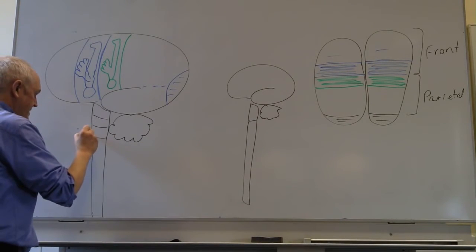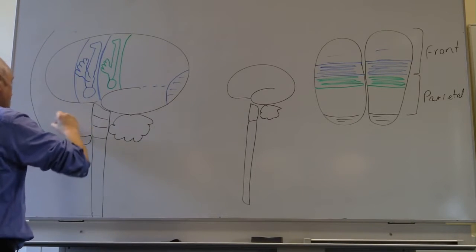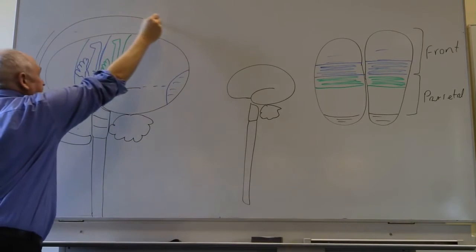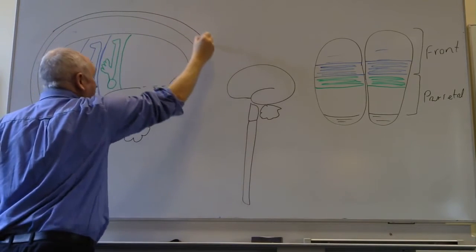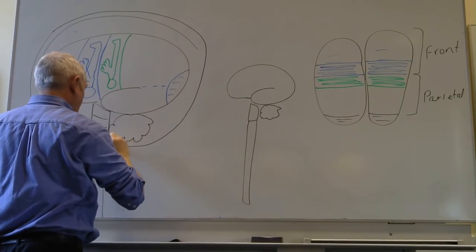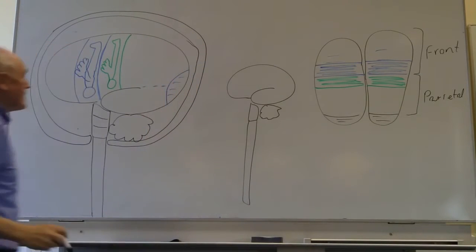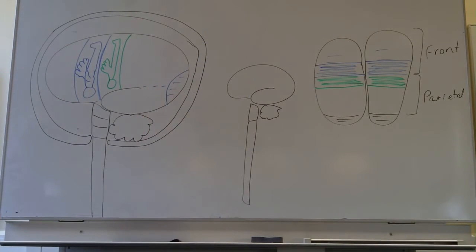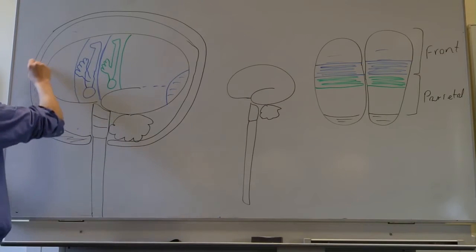So they go around here, completely surrounding the brain. So the bony skull is completely surrounding the brain.